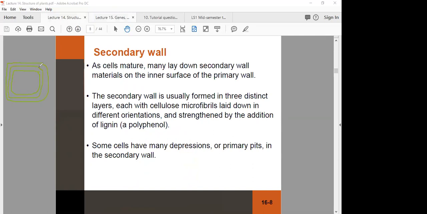The secondary cell wall is usually formed in 3 distinct layers, each with cellulose microfibrils laid down in different orientations. And the secondary wall, unlike the primary wall, is strengthened by the addition of a substance called lignin. Lignin belongs to a group of organic compounds called phenols. Some cells have many depressions or primary pits in the secondary wall, just like the primary walls do.